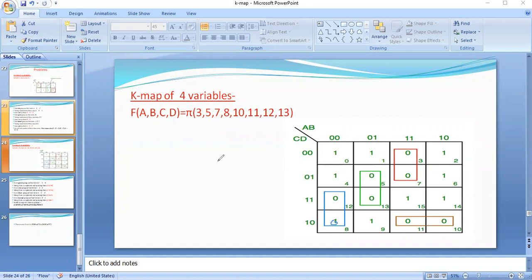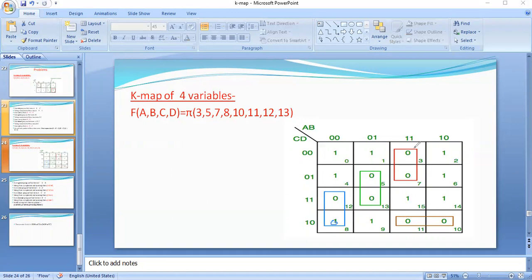After placing, we have to write the number of adjacencies. For 3, what are the number of adjacencies here? Two numbers adjacent. For 3, 7 adjacent. For 3, 11 also adjacent. Why? Because corners also adjacent, and these two cells differ by 1 bit position.